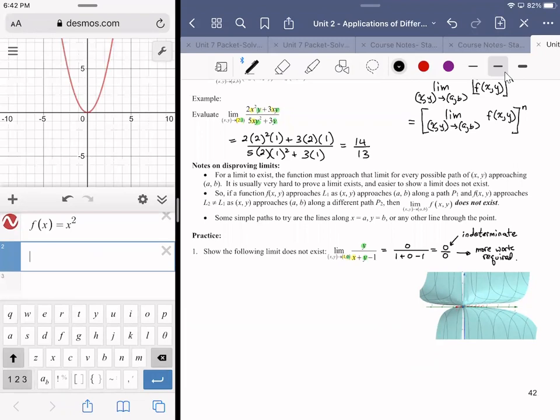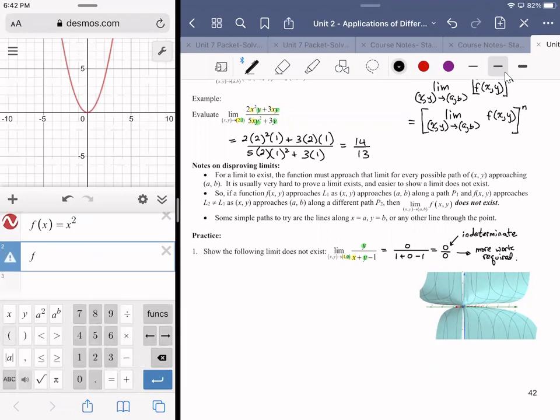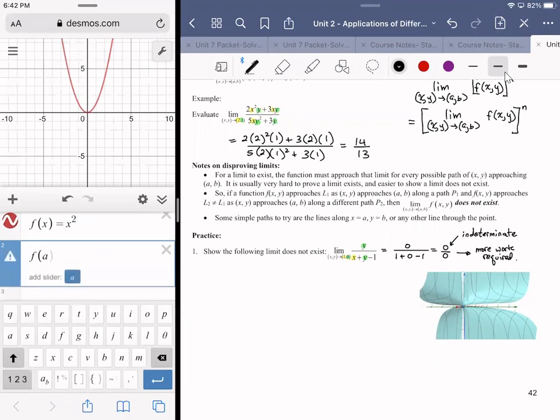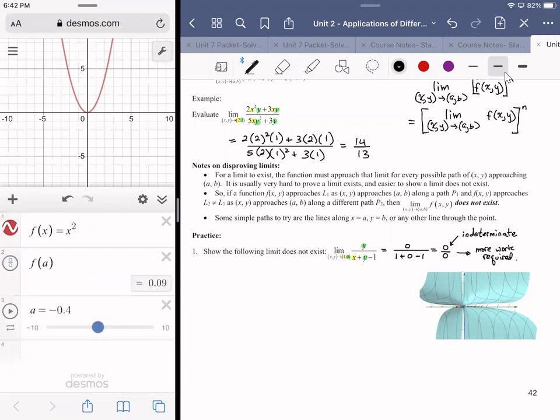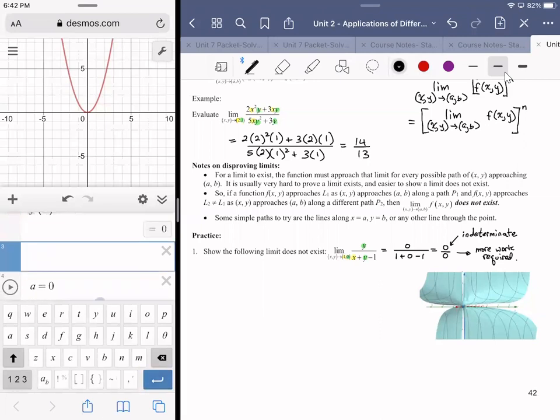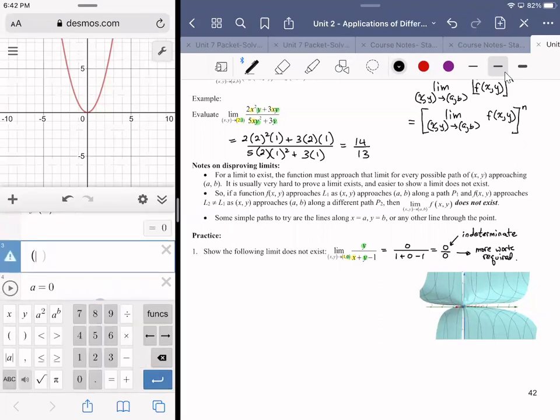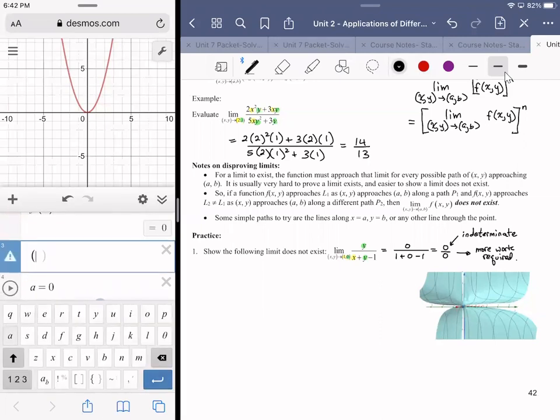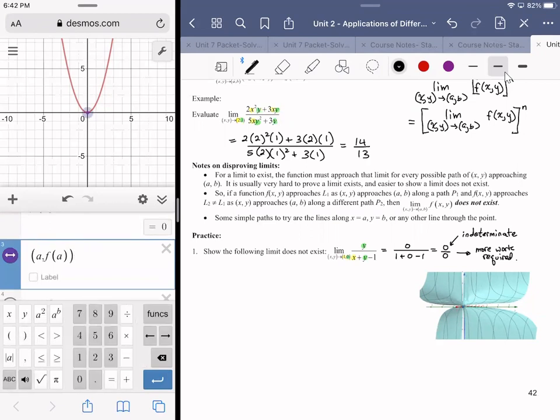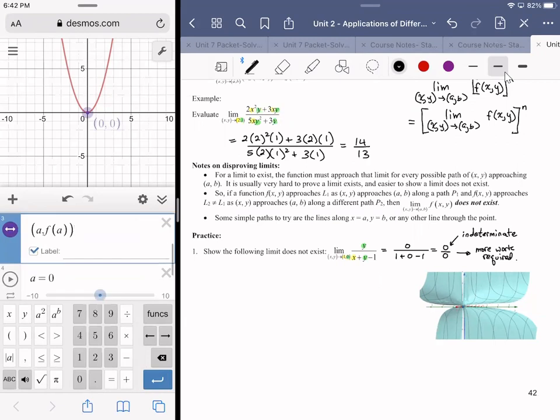Let's say f of a. I'll plot the point a comma f of a, just so you see what I'm talking about here.